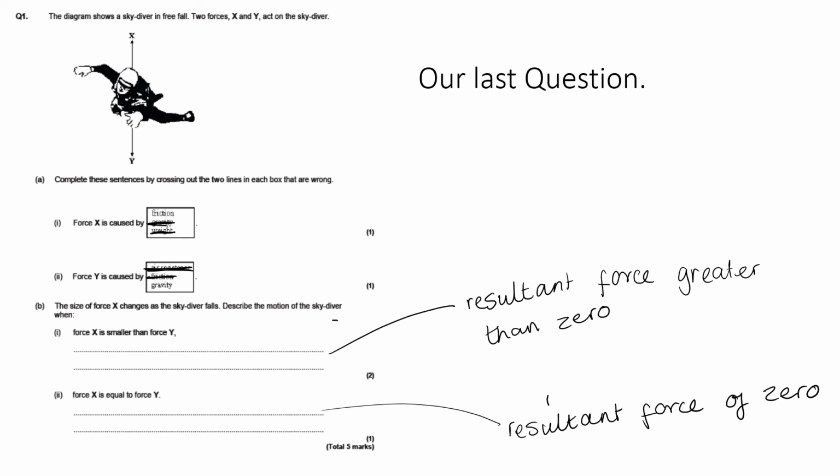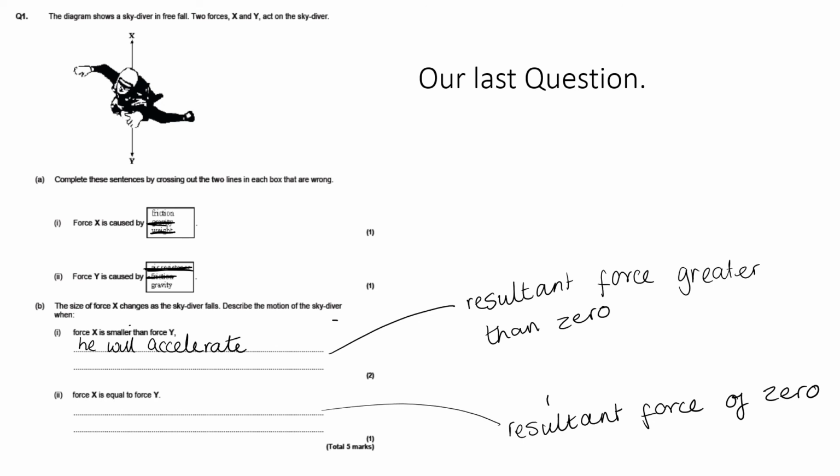So what's going to happen to the skydiver when force X is smaller than force Y? The resultant force is greater than 0, so he's going to accelerate. He will accelerate.